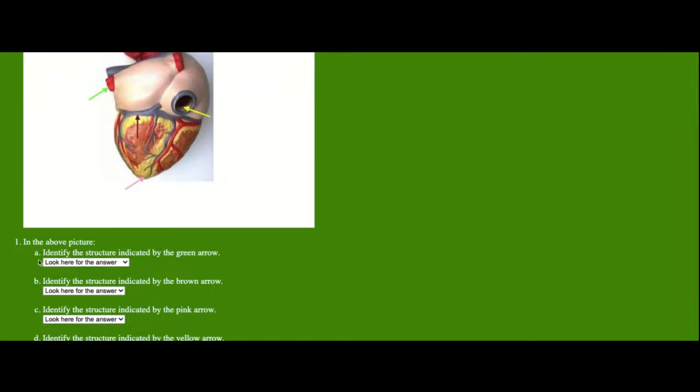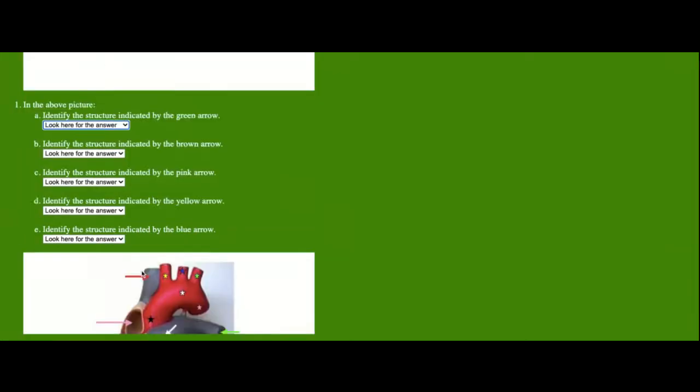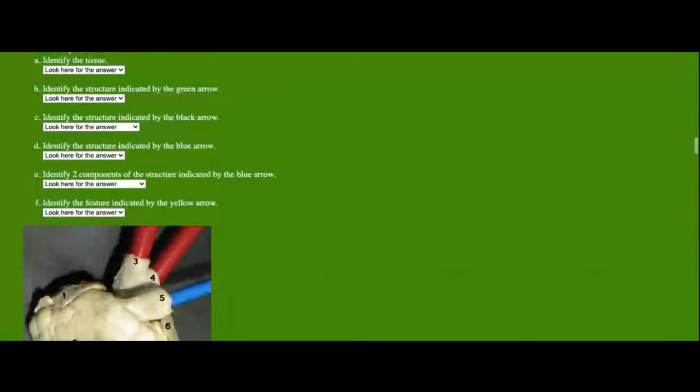For example, in the question number 1A, it wants you to identify the structure by the green arrow. Okay, this is the pulmonary vein. And now if you open it, you can see the pulmonary vein here. So you already have the answers to all of the questions. And it's full of questions. You can see many questions here. And it helps you a lot and prepare you for your lab exam.